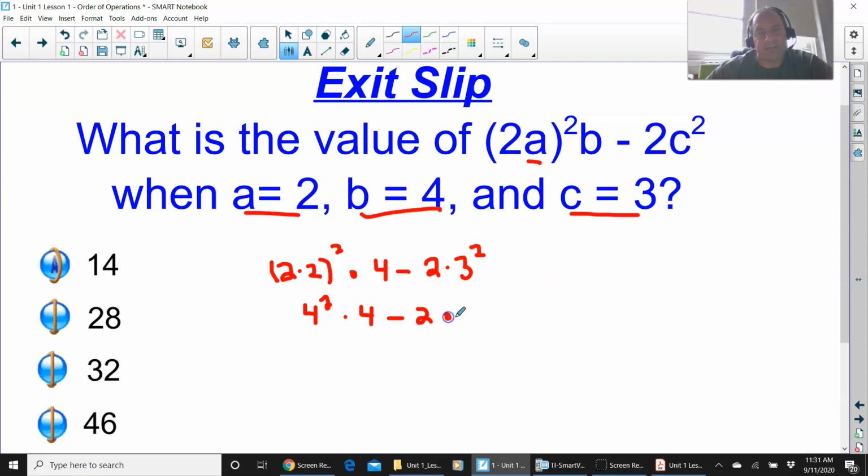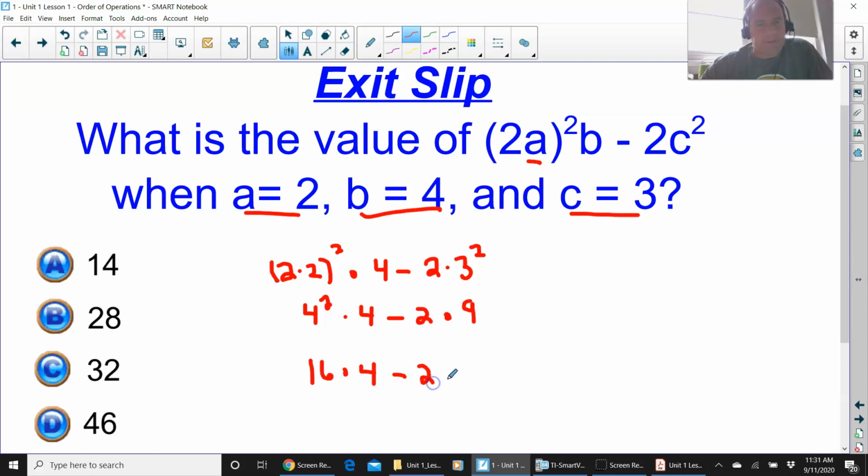That is 9. So I'm going to just bring that down right now. So when I look at this, the next thing I want to do is just take care of the exponent. Try to get that out of the way. So I have 4 squared, which is 16. And I'm going to bring the times 4 down. And the minus 2. And the times 9.